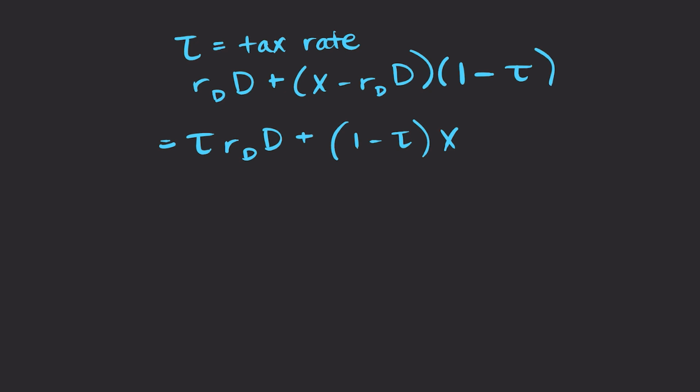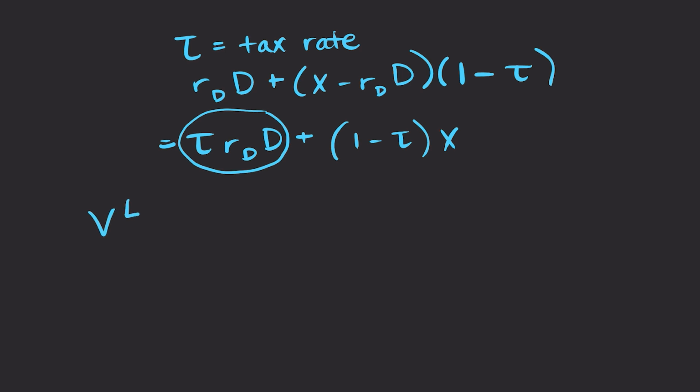So what does that mean? That means that leverage creates additional cash flows because some of them are going to be sheltered from taxes. This means that taking on more debt creates what we call a tax shield.